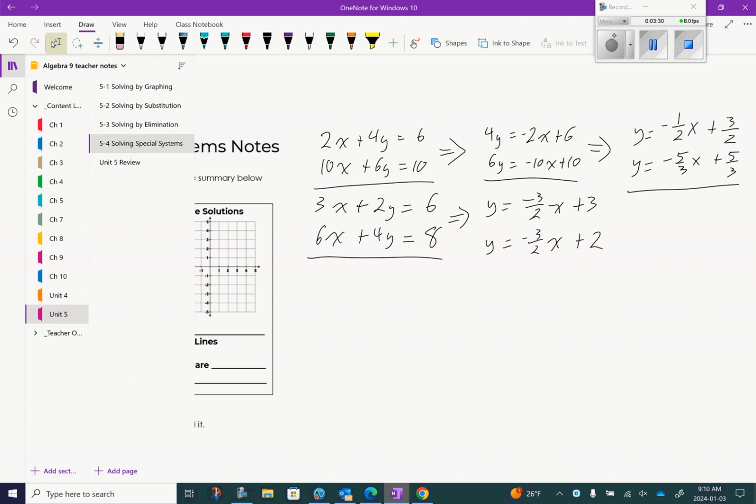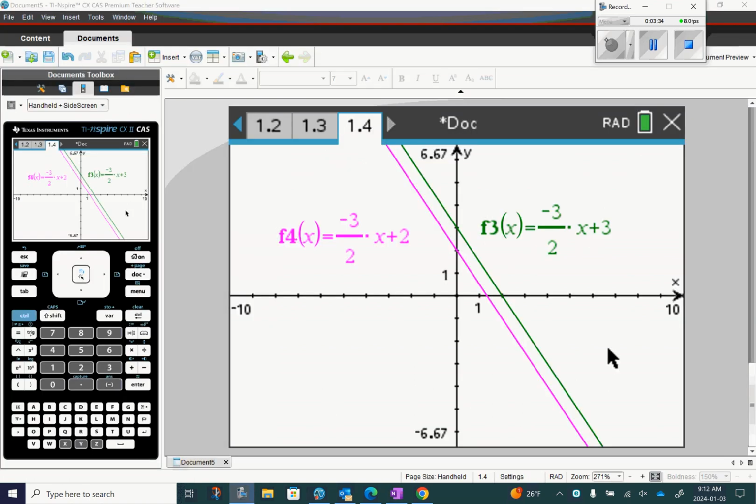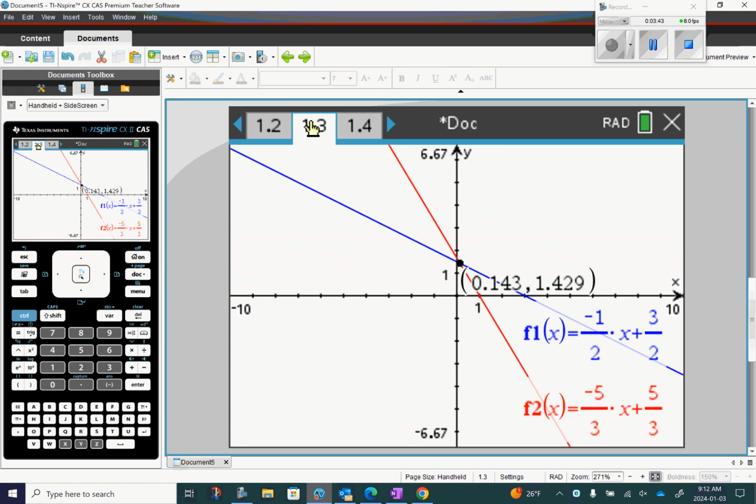Interesting equations there. What does the graph look like? When we take a look at a graph of both of these lines, oh, hold on, this is different. Here we had lines that intersect, and one of the first things that you have to notice with that first pair of examples is that the slopes were different.